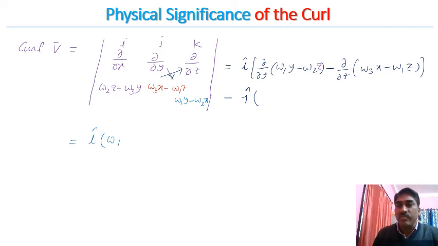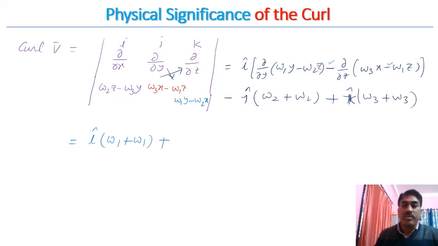So minus minus gives plus, and we will get again omega 1, so 2 omega 1. Similarly, in the second bracket we will get omega 2 plus omega 2, and the third bracket, along k, we will get omega 3 plus omega 3.